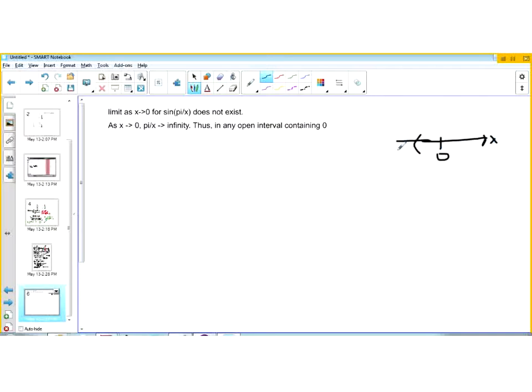And I say any open interval containing 0. So an open interval is denoted from your algebra experience by open parentheses. So if I choose any interval on the x-axis and it contains 0, what happens? All right, so in any open interval containing 0, I can find my text box.